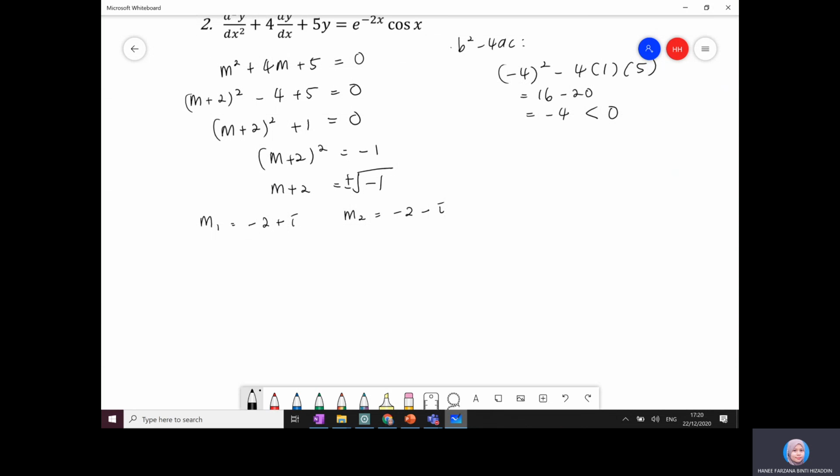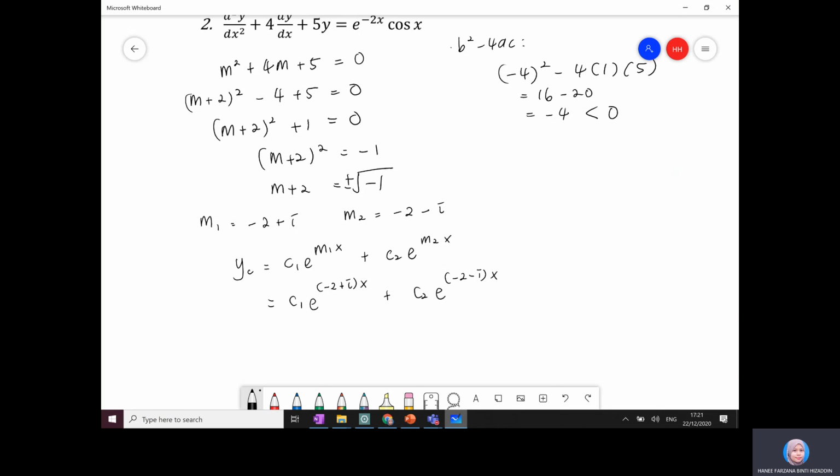So you can write down your yc. For complex conjugate roots, it is like the two distinct real roots: c1 e^(m1 x) plus c2 e^(m2 x). So you can write it as c1 e^((-2+i)x) plus c2 e^((-2-i)x).